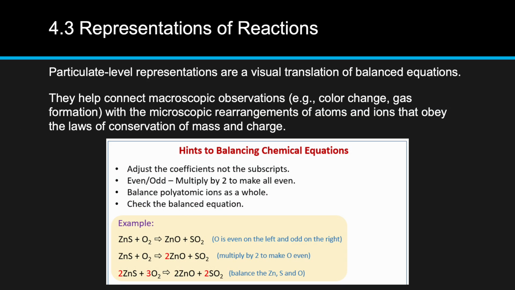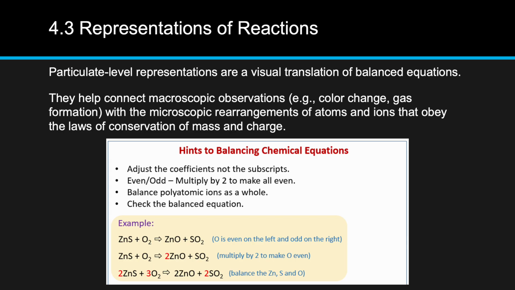So particulate level representations act as a visual translation of balanced chemical equations. So they help us connect what we can see, like color change, gas bubbles, or solid formation, to what's happening at the particle level, where atoms and ions are rearranging according to the law of conservation of mass and conservation of charge.